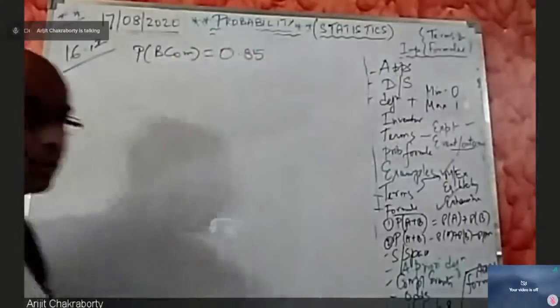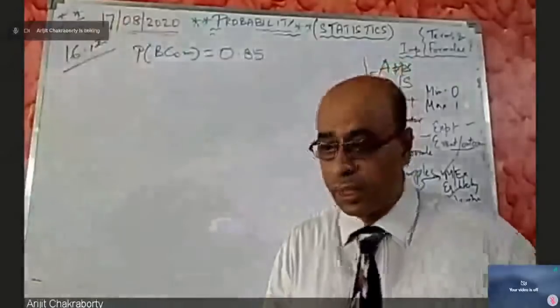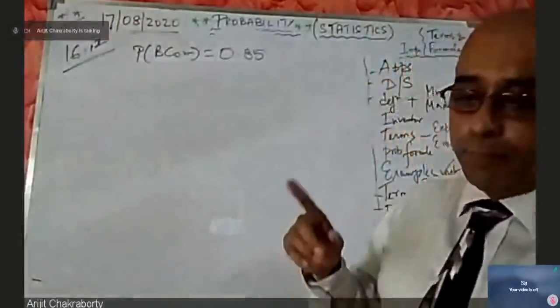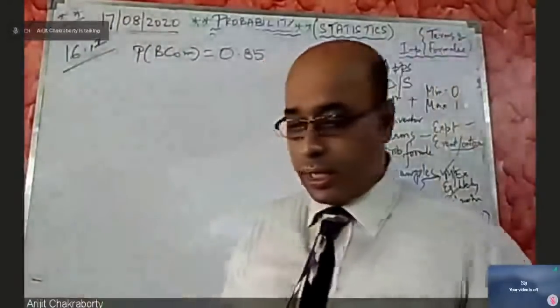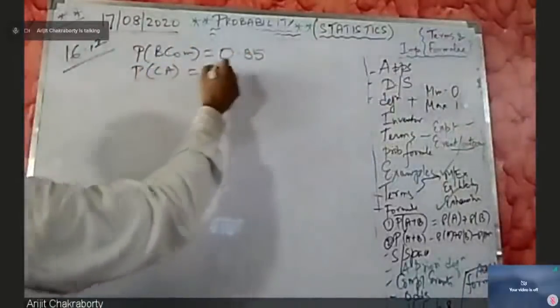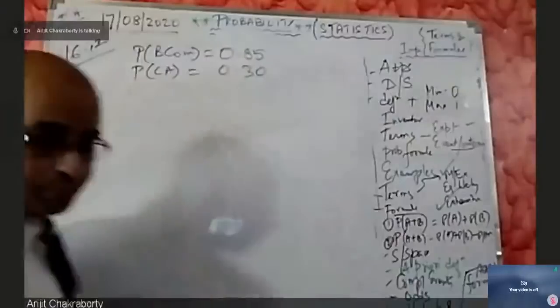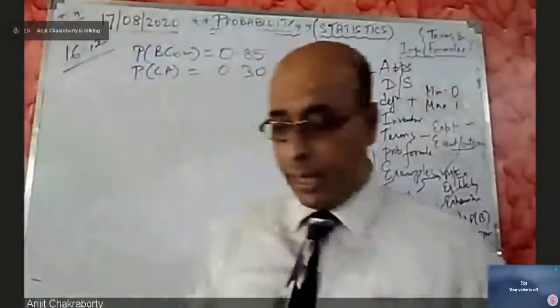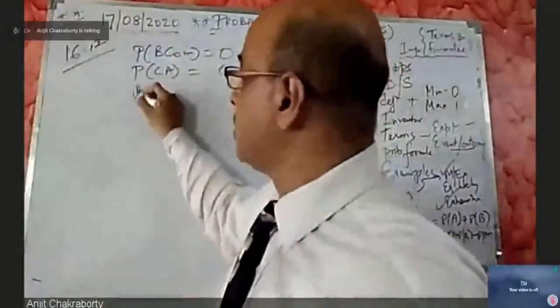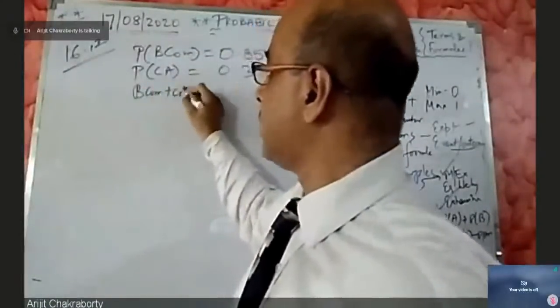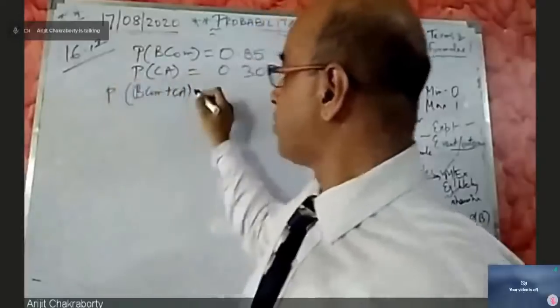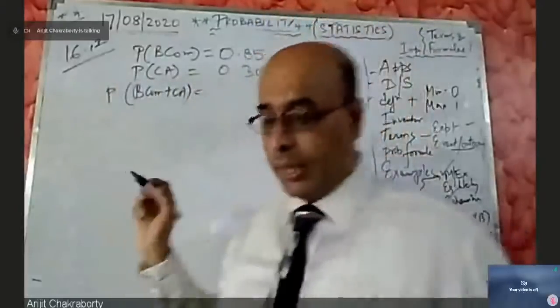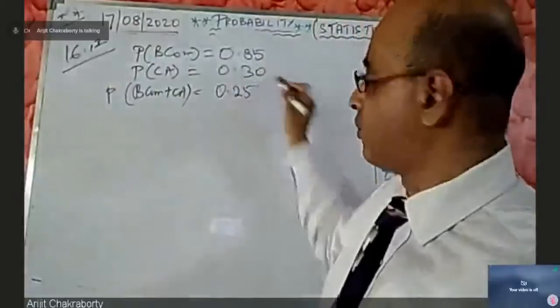Please note, the probability that he is a CA is 0.30. And the probability that he is both BCom and CA is 0.25.